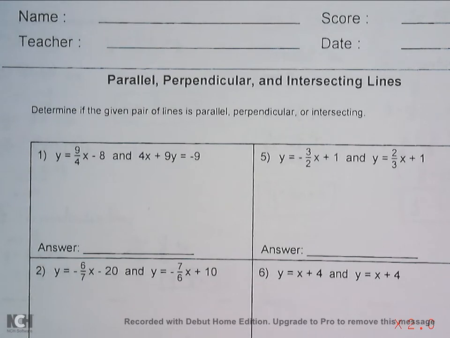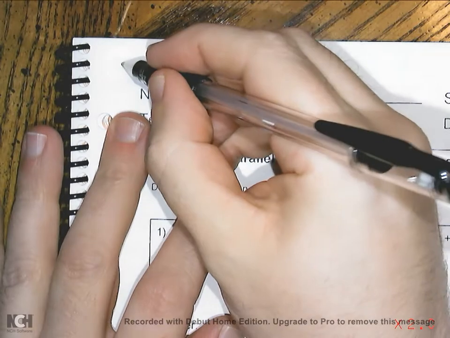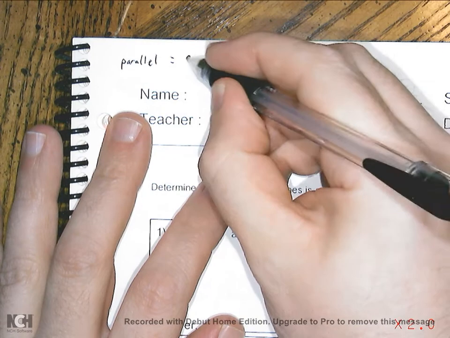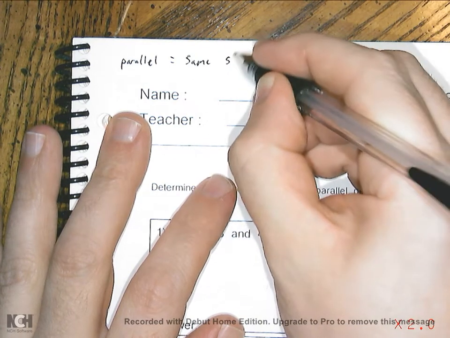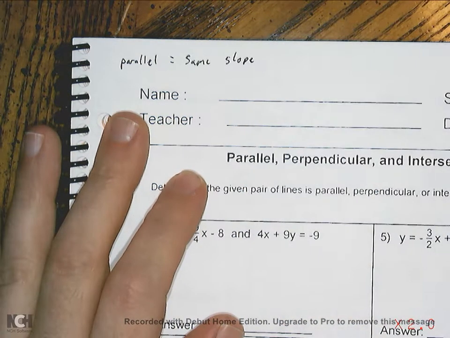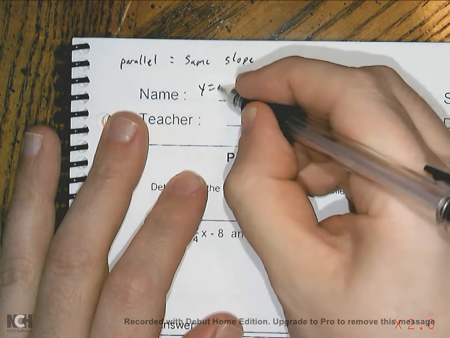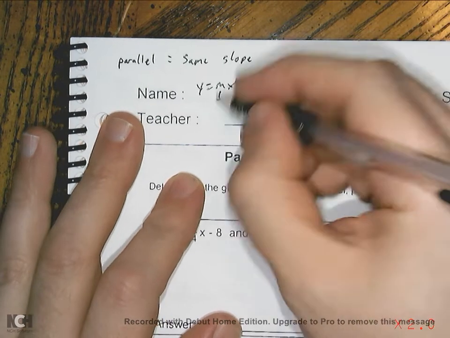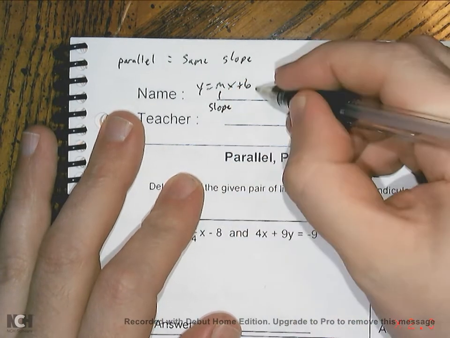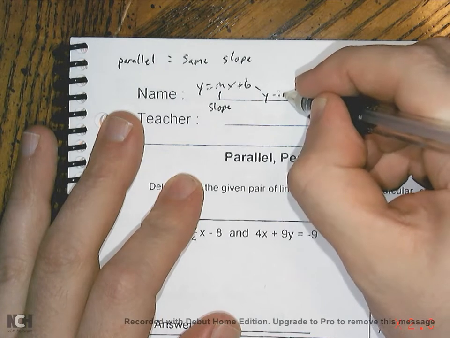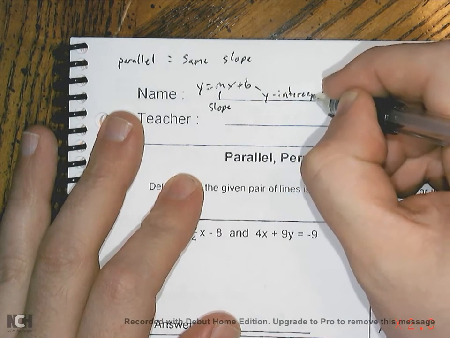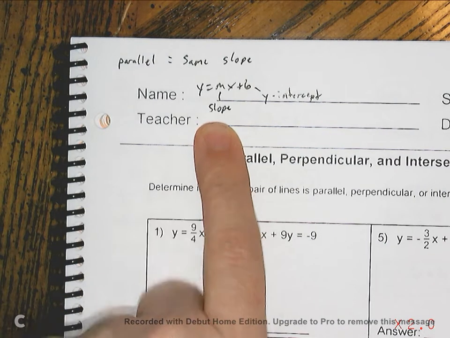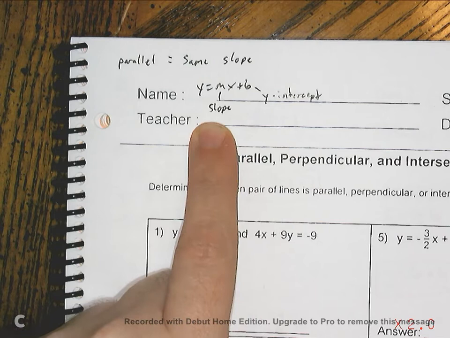So just a reminder, parallel equations have the same slope, right? And when I say slope, remember y equals mx plus b. The number multiplying with the x is your slope. The number that's adding or subtracting is your y-intercept. So basically, to identify if things are parallel or perpendicular, we're going to pay really close attention to that number that is multiplying with the x.